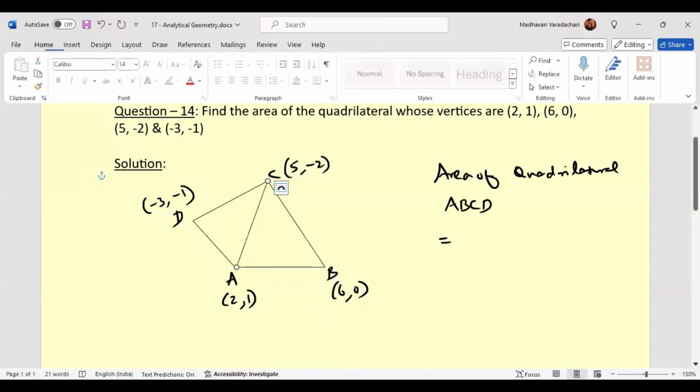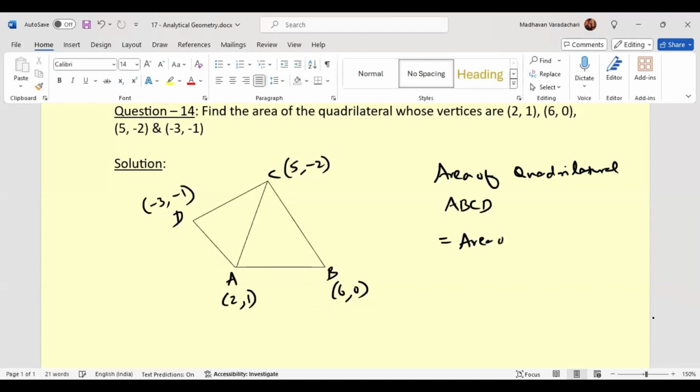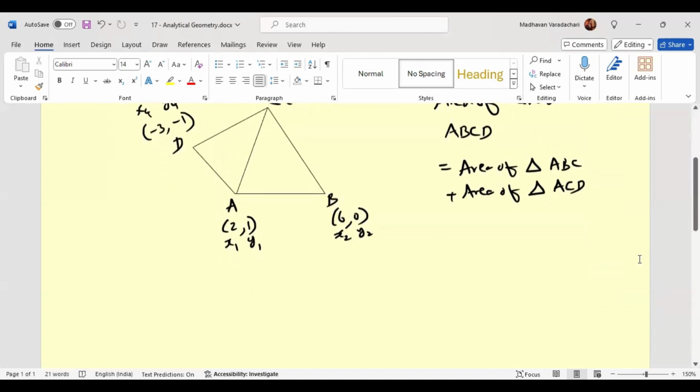So the area of the quadrilateral is nothing but area of triangle ABC plus area of triangle ACD. Let us call this as x1, y1, this as x2, y2, this as x3, y3, and this as x4, y4. Now let us first find out area of triangle ABC.